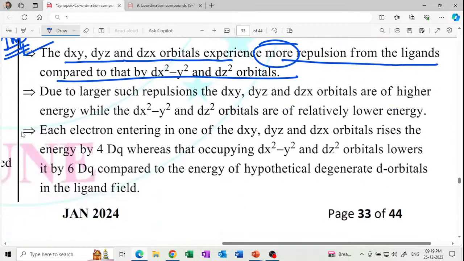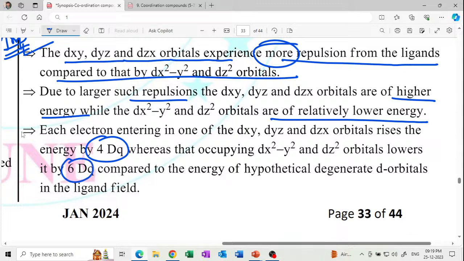Due to the larger repulsion, this orbital is of higher energy, while this is of relatively lower energy. Get it? So this is 6 Dq and 4 Dq, so this is a total of 10 Dq energy.